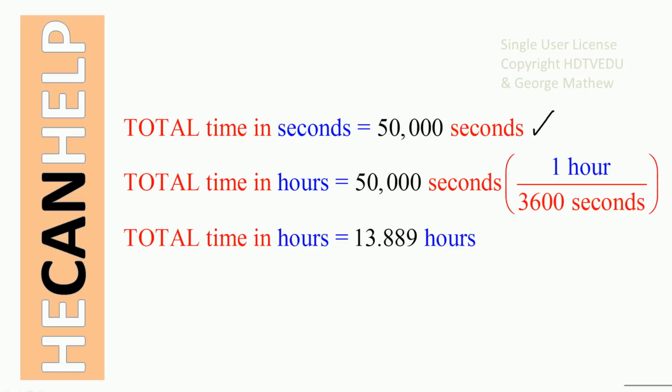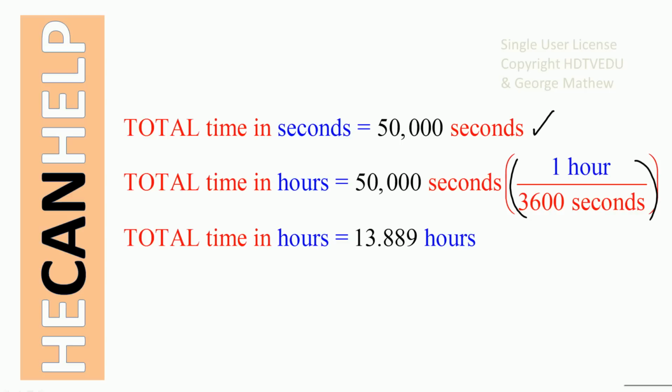Now, if you are very curious as to what the time is in hours, you convert seconds to hours. All right, 50,000 seconds, and you know that 1 hour is equal to 3,600 seconds. This whole thing is actually 1, correct? Because 1 hour is equal to 3,600 seconds. So 1 hour divided by 3,600 seconds is equivalent to 1.